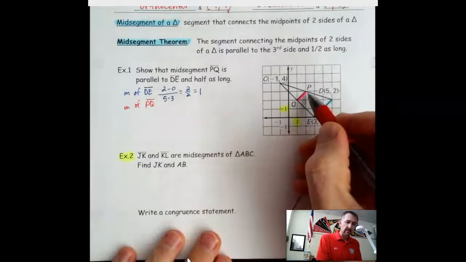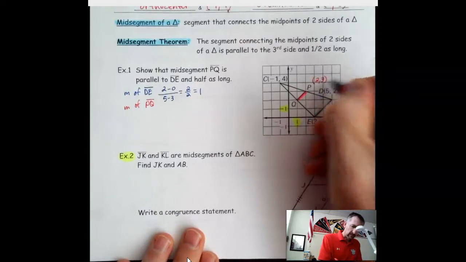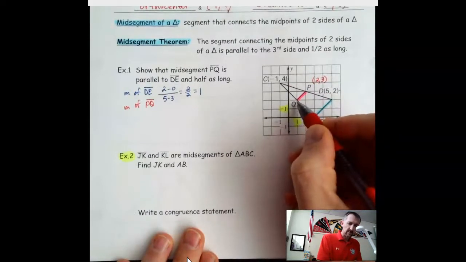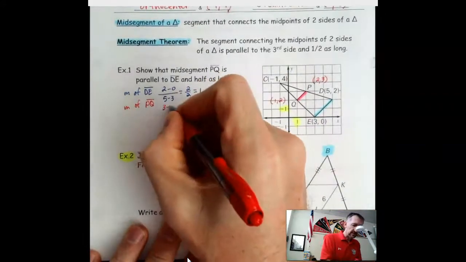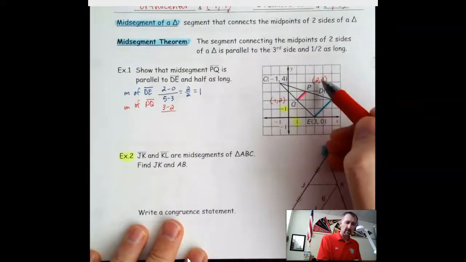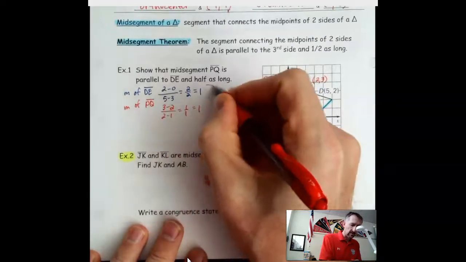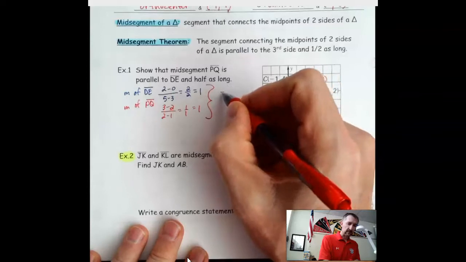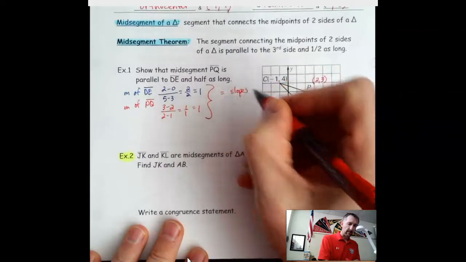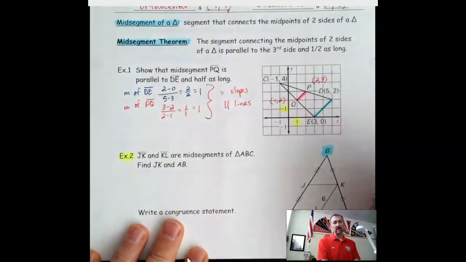So this is going to be 2, 3. And this is going to be 1, 2. So that's going to be 3 minus 2, y minus y over x minus x, 1 over 1, which is 1. So equal slopes mean that the lines are parallel, or the line segments are parallel.